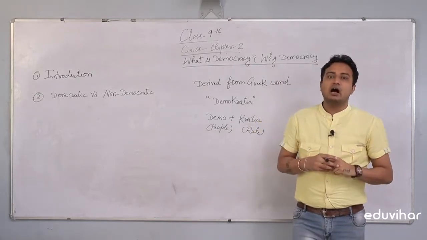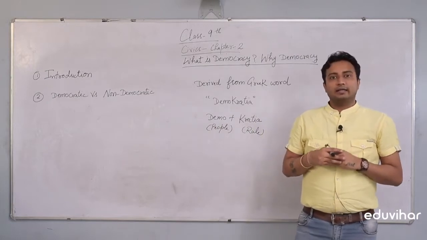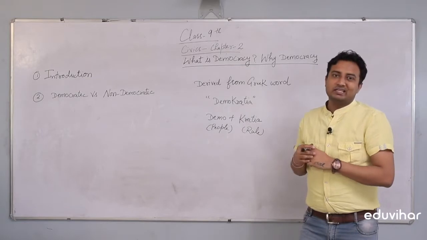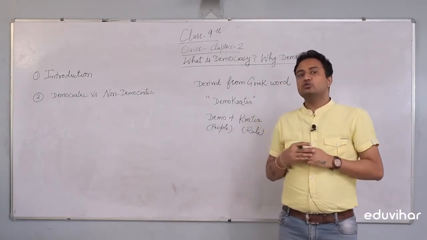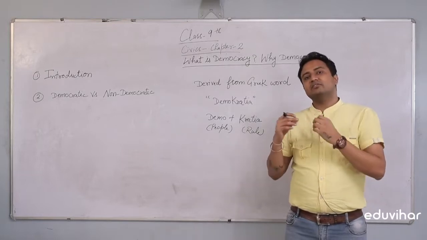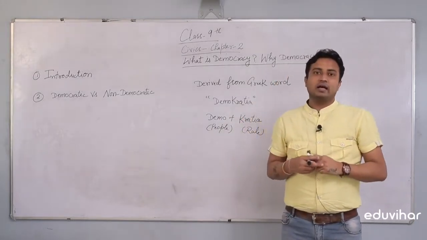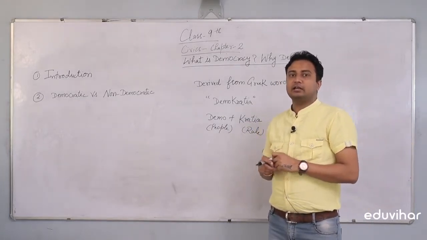This is how people rule in a democratic country. So that country in which elections are held to choose the representatives of the people who will rule on their behalf is called a democracy. So India is a democratic country, guys.